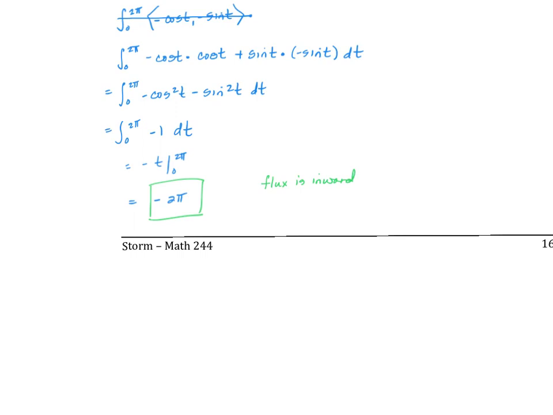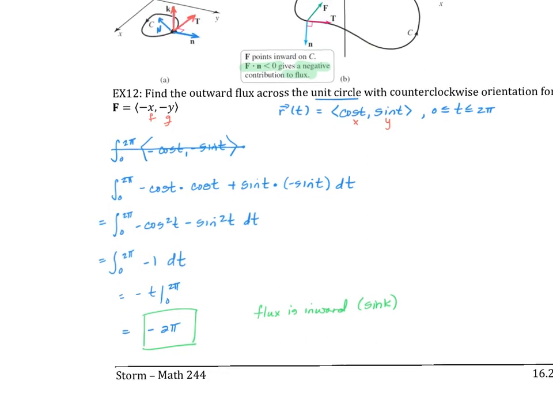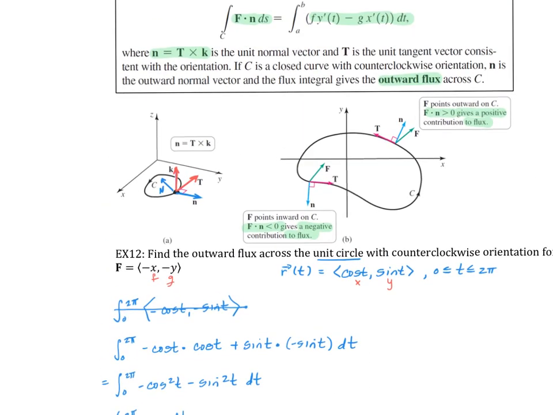So here's some vocabulary. If flux is inward, we call that a sink. Going back to this box, if flux is outward, we call that a source. So if it's positive, that means outward flux, that means a source. If it's negative, inward flux, it's a sink.